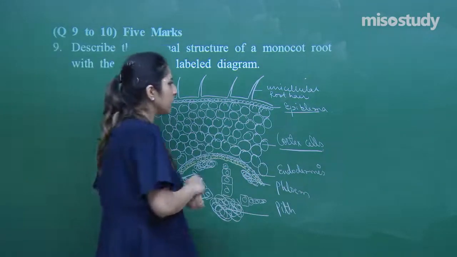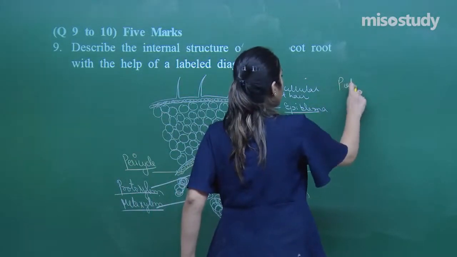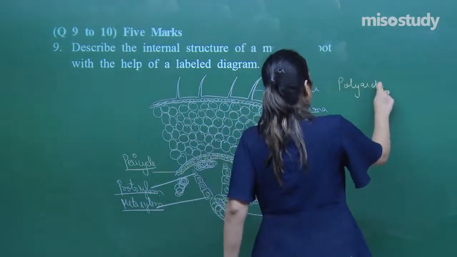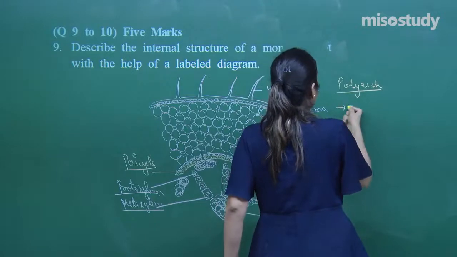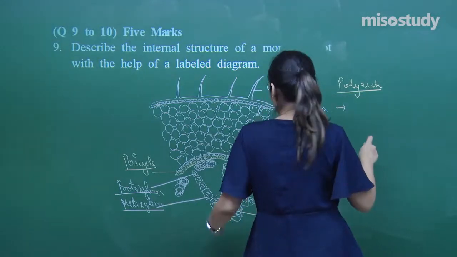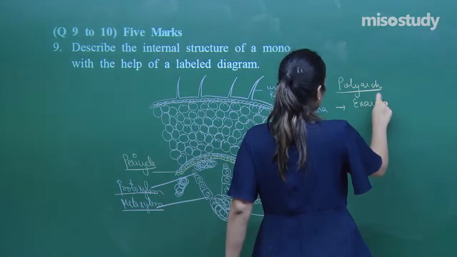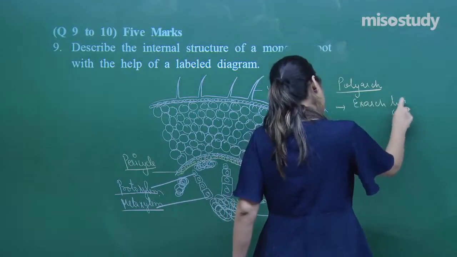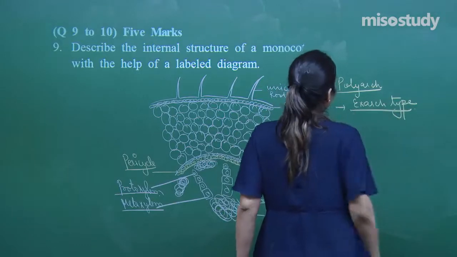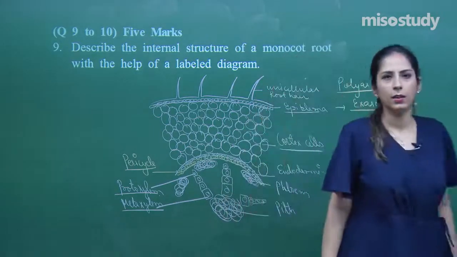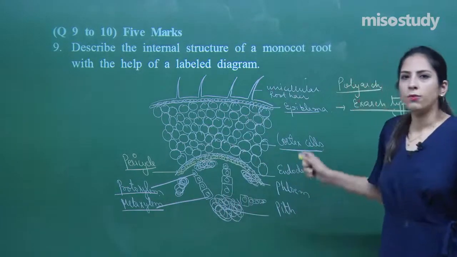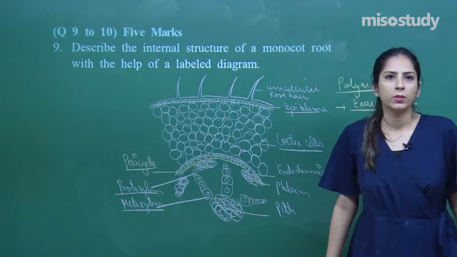One more thing in this case, polyarch condition is there, and the vascular bundles are of exarch type. So you have to explain each of these things separately. First of all, draw this diagram, then we will move forward.